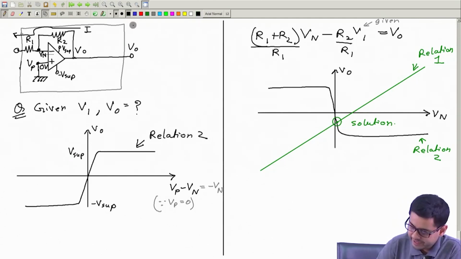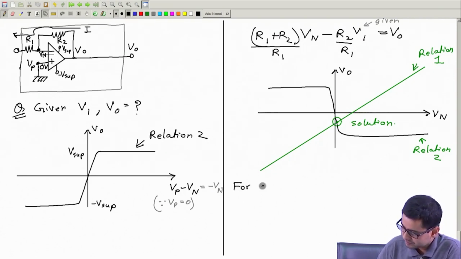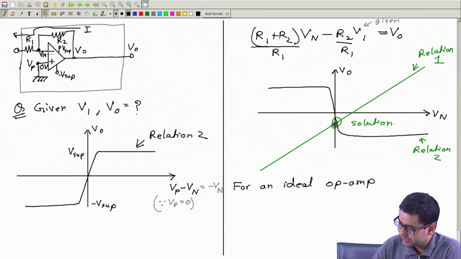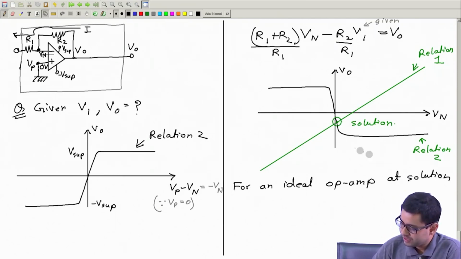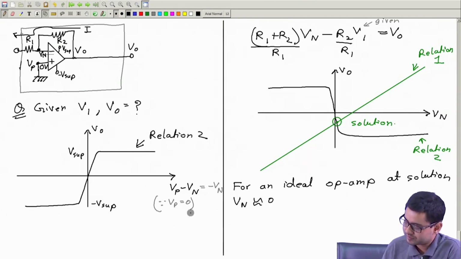So for an ideal op amp, at the solution, at this point, the value of Vn will be almost 0. Vn is very close to 0.